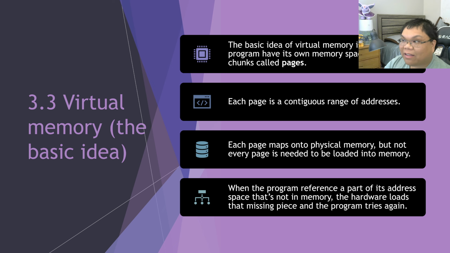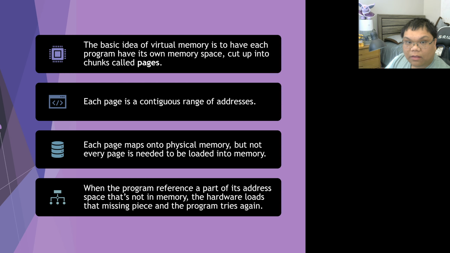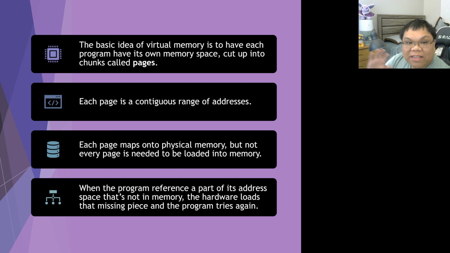Here's the basic idea of virtual memory. The basic idea is to have each program have its own memory space. That was also the same thing when we were doing swapping. But now, that memory space is cut up into pieces.